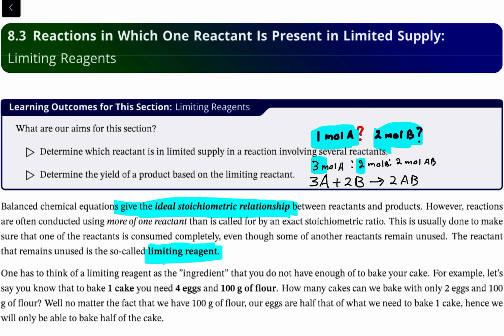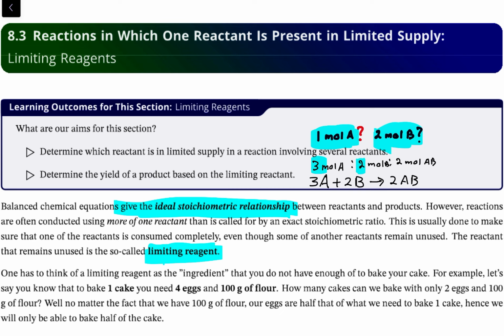That's what a chemical reaction does. Those stoichiometric coefficients tell us information about how the reaction needs to work, how it must function.